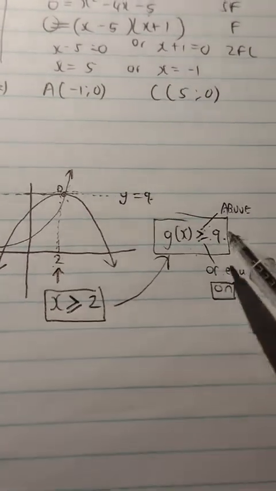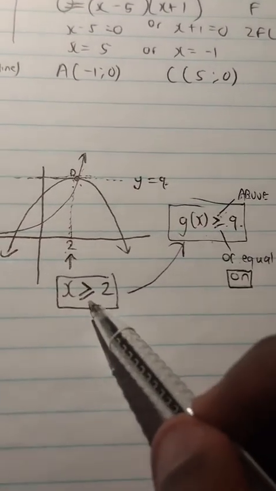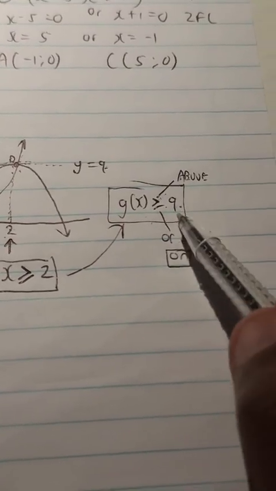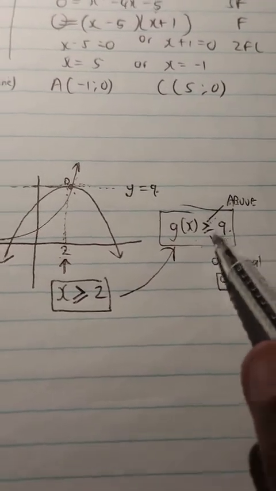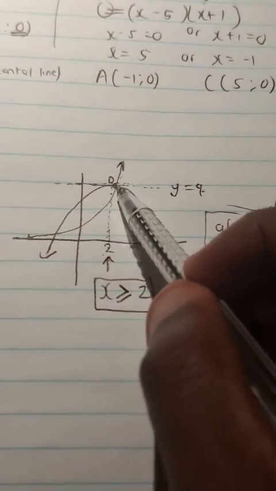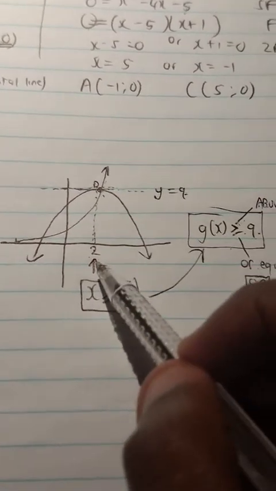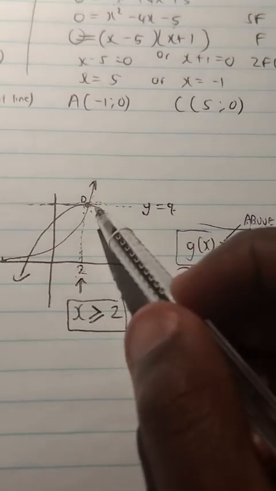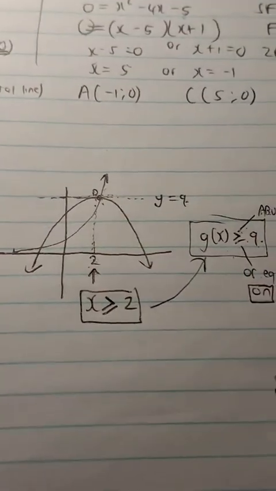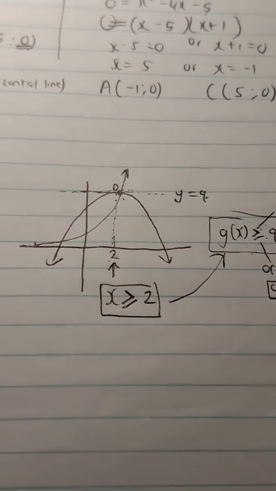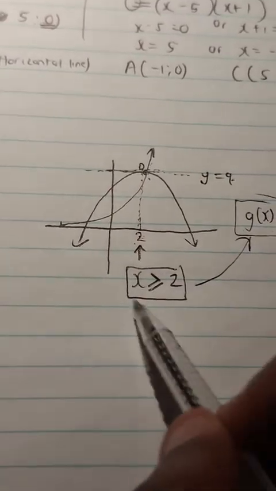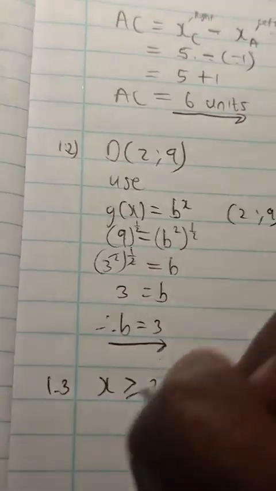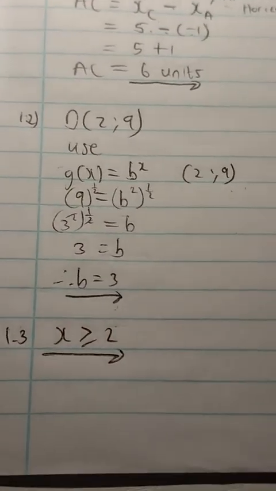But when x is equal to 2, it is exactly equal to 9. Do you see that, guys? So our answer is: x is greater than or equal to 2.